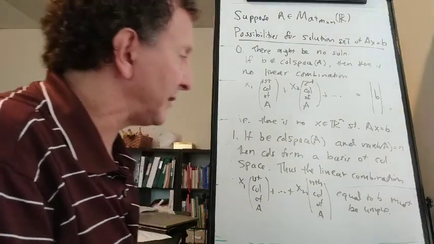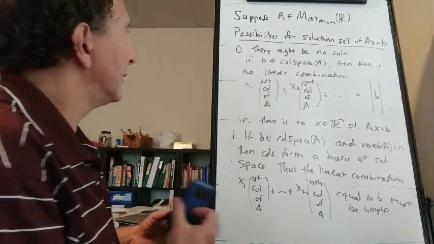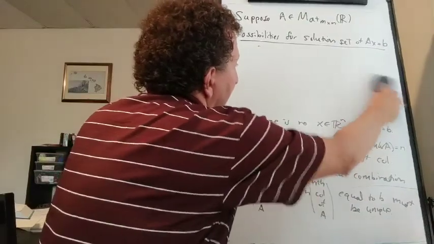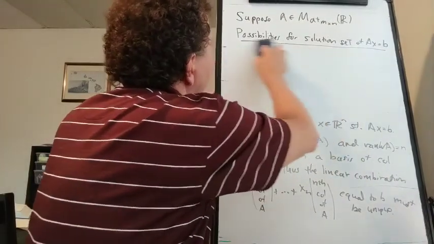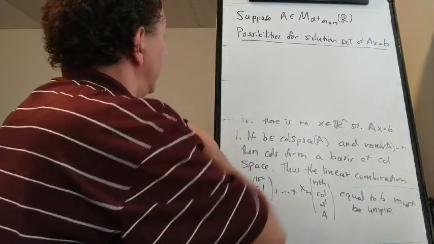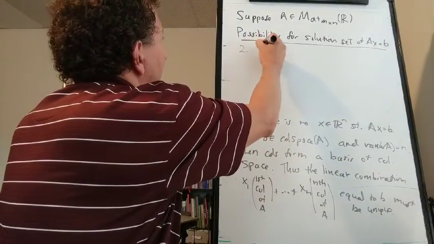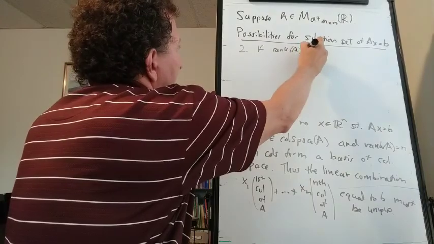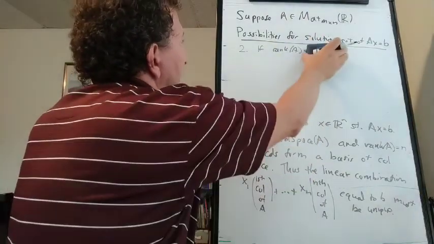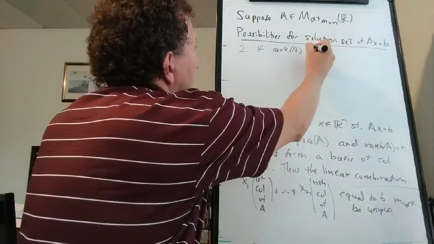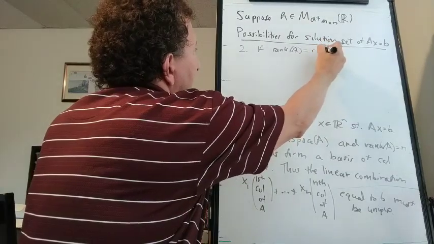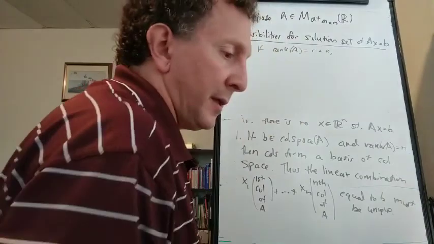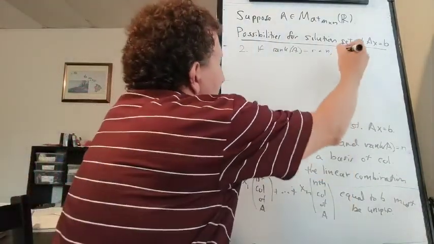Now another possibility is that the rank is less than n. Let's say the rank of A is r, which is less than n. Then there's going to be infinitely many solutions.